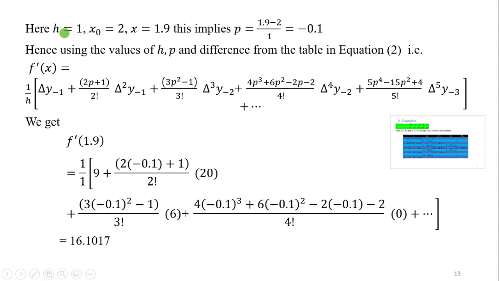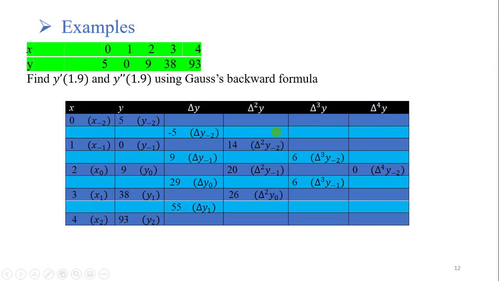So by using these values and the values from the difference table, like del y minus 1, del square y minus 1, del cube y minus 2 and so on, as we are choosing Gauss's backward formula, we will move in the backward direction, like y naught to del y minus 1, then del square y minus 1, then del cube y minus 2 and so on.